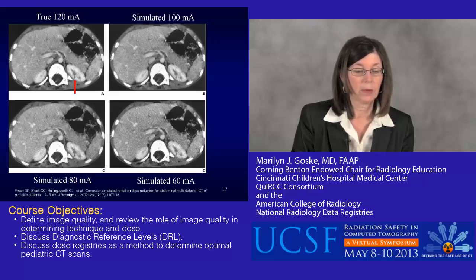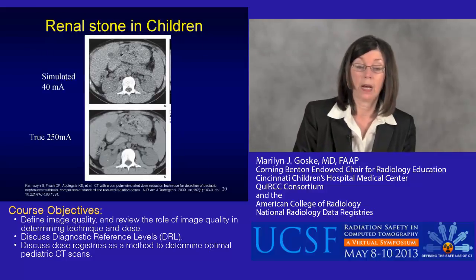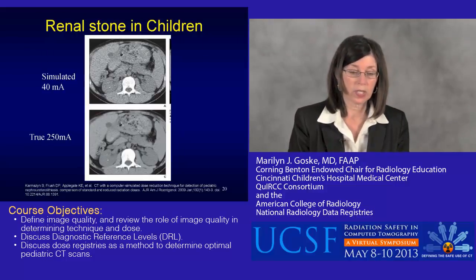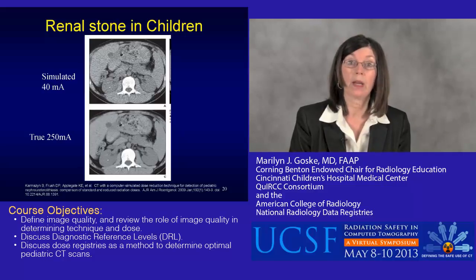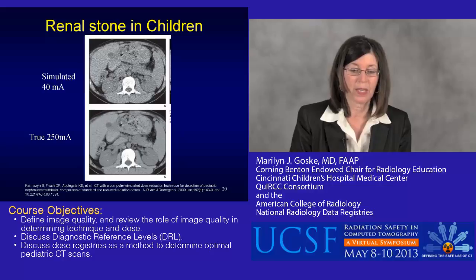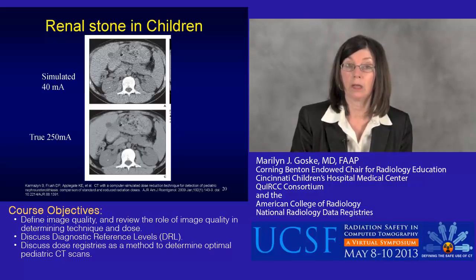This same technique was used on this next slide in detecting renal stones in children. What they wanted to do was find out how low they could go. There are a series of images using a true mA of 250, and every one of the investigators was able to visualize this tiny renal stone.